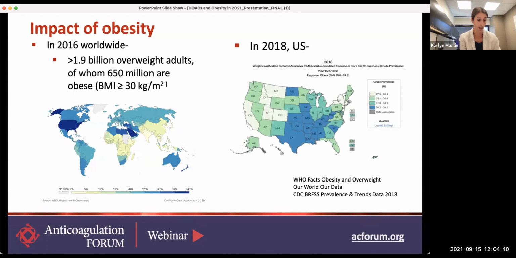Every state has an obesity prevalence of more than 20%. And in the dark blue, you can see a significant number have a prevalence of obesity of greater than 1/3 of their population. So this is certainly a problem that all of us will face. Since many of our patients with both venous thromboembolism and atrial fibrillation will be obese, it is something that we will need to make decisions on.